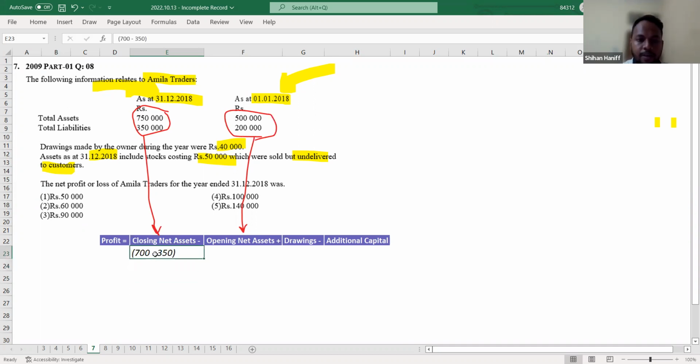So 350 minus opening net asset 500 minus 200, plus drawings 40. No additional capital. Then here it's 350 minus 300 is 50. 50 plus 40 is 90. 90. Okay.